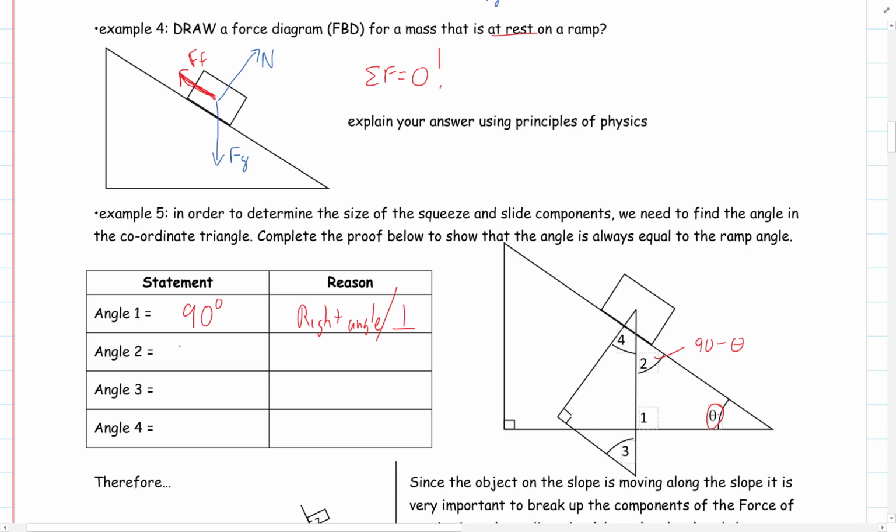So this has to be 90 minus theta, because the measures of the angles in a triangle equal 180.